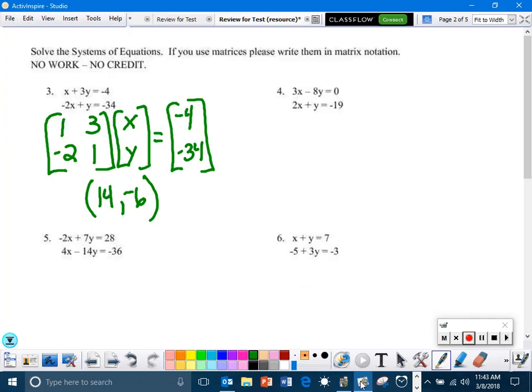All right, let's keep going. Okay, so I'm going to set these up. I'm not going to do all that much talking. I'm just going to go through the steps. So here we go.